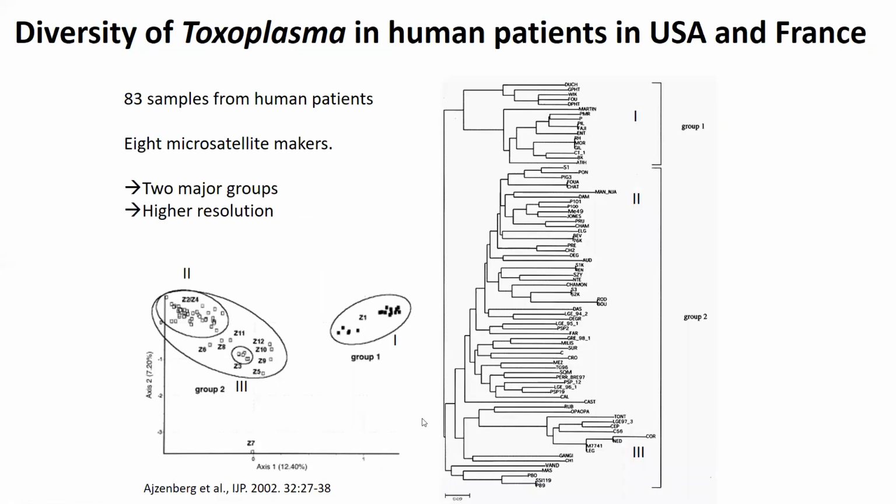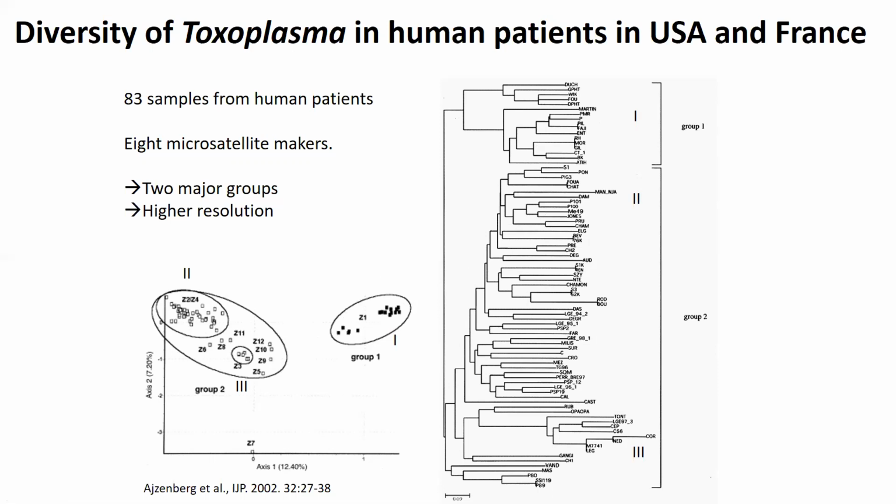So then you may ask, why don't you just use microsatellites for all your studies instead of PCR-RFLP? When we talk about how you collect the data, you'll see that in order to get the microsatellites, you have to do sequencing, and it may cost more, or you have to have the sequencer to do the study.